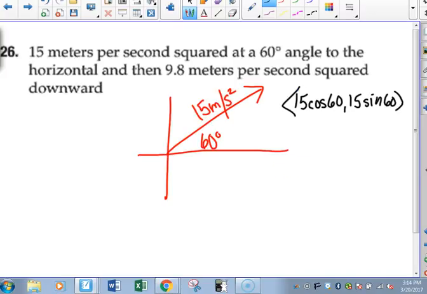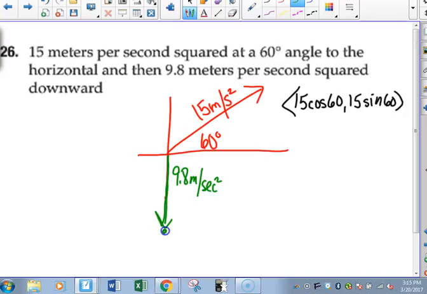Now, at the same time, another acceleration is 9.8 meters per second squared straight down, which is actually the acceleration due to gravity. Now, if we wanted to be fancy, I suppose we could use negative 90 degrees, right? But don't you know the components of that?